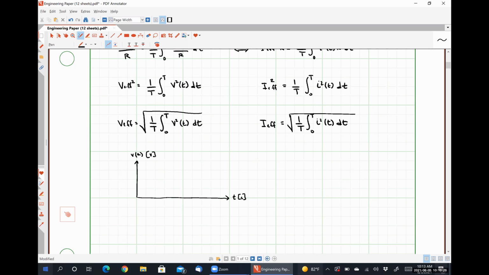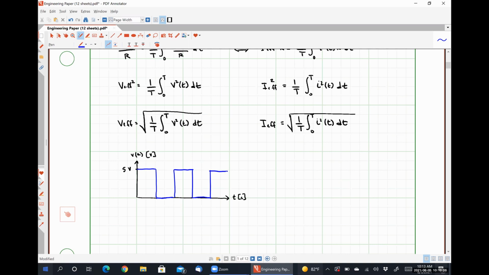This will be our voltage measured in volts. And let's say that our signal looks something like this. It's 5 volts for some amount of time. And then it's 0 volts for an equal amount of time. And then 5 volts. And then 0 volts. And then 5 volts, like this.